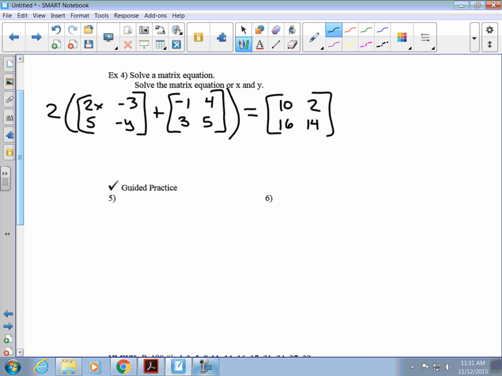So what we're going to do is simplify everything on the left side. We're going to get 2 times 2x minus 1 plus 1, we're going to get 8, and we're going to get 5 minus y. And that equals, again, 10, 2, 16, 14.